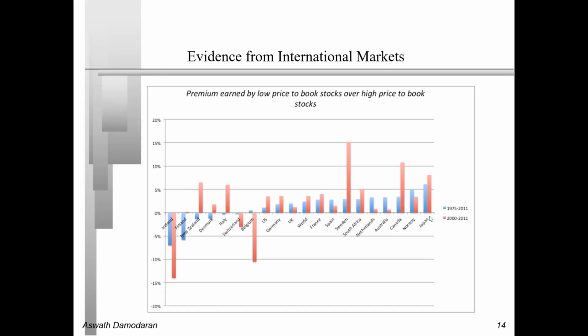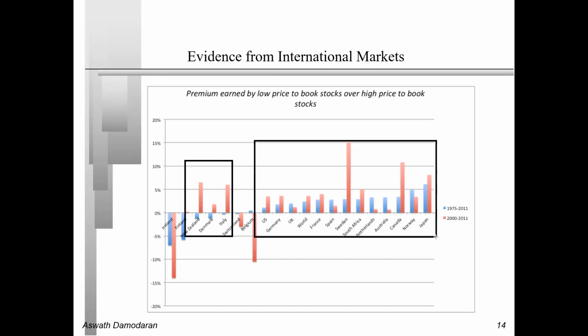Here, as they studied the premium earned by low price to book stocks over high price to book stocks, Sweden has benefited a lot from that in recent years. Countries that have benefited from it have been New Zealand, Denmark, Italy, the US, a lot of these countries over here.